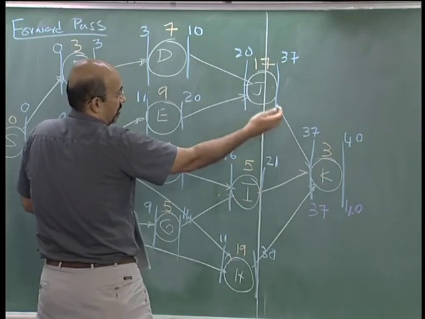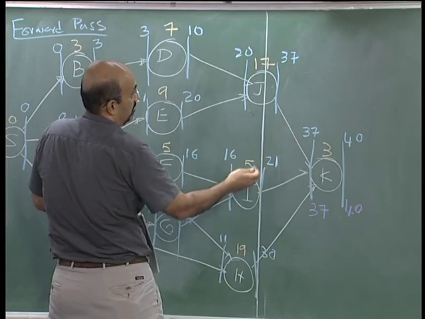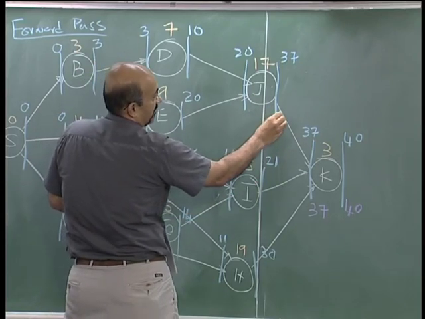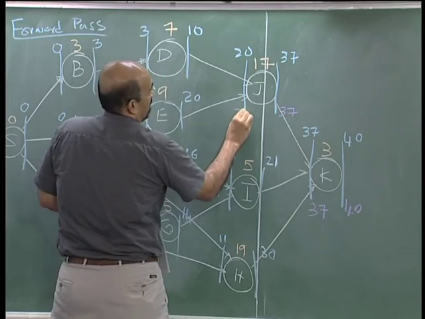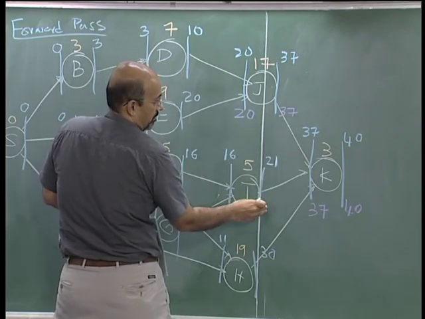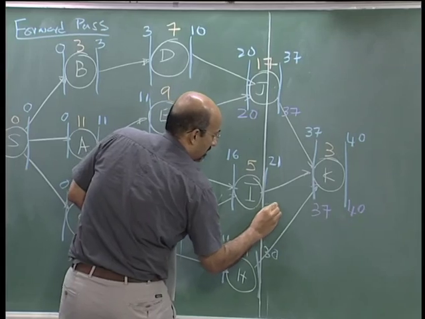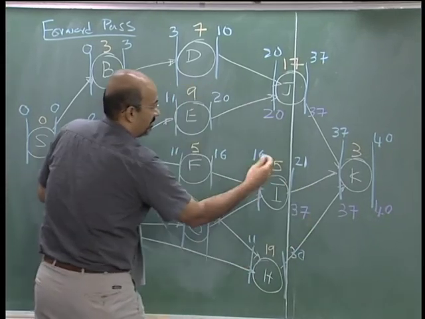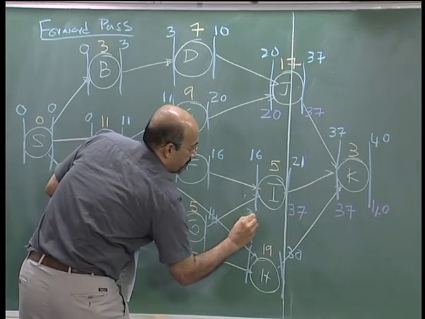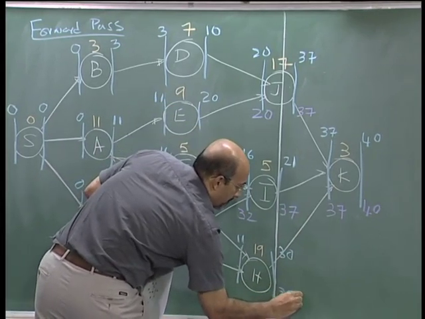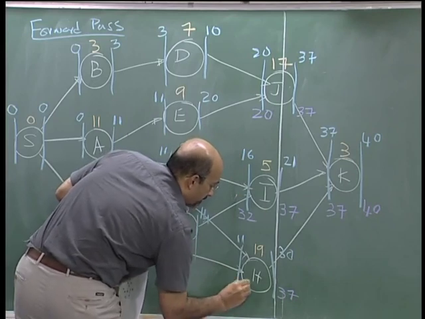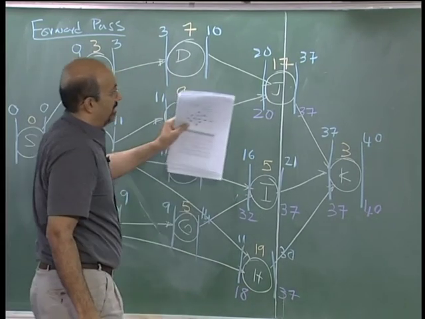Now we need to go back: when is the latest J can finish? 37, so 20. I is 37, 32, which is 37 minus 5. H is 37 again, 18, and 37. So this is the latest finish, latest start.